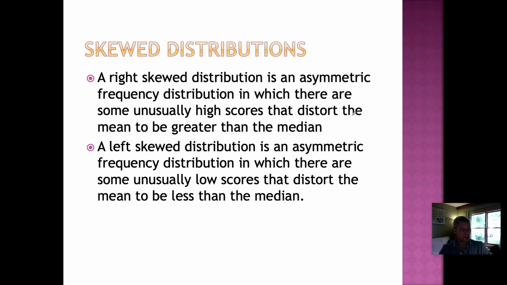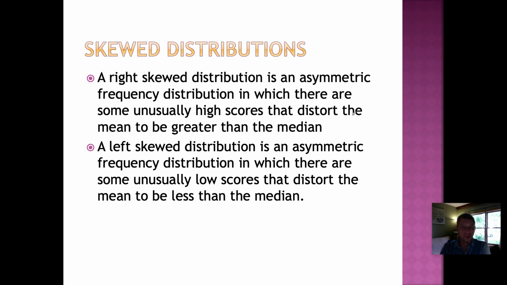Finally, let's talk about a skewed distribution. Although most natural data sets are normal, in other words, they have that pretty little bell shape, sometimes distributions of data are skewed.